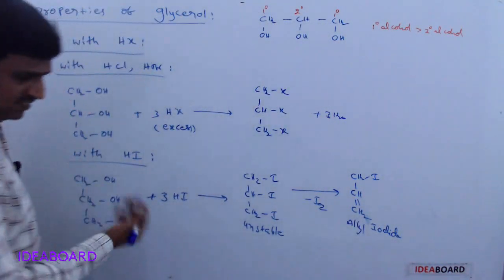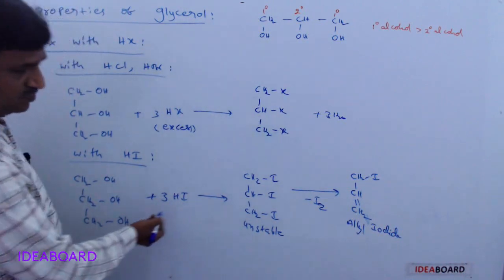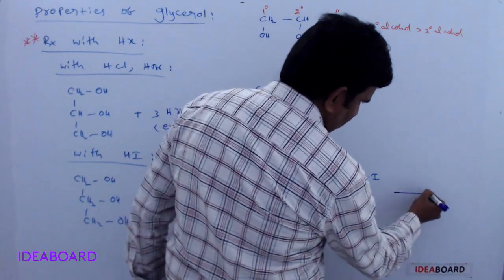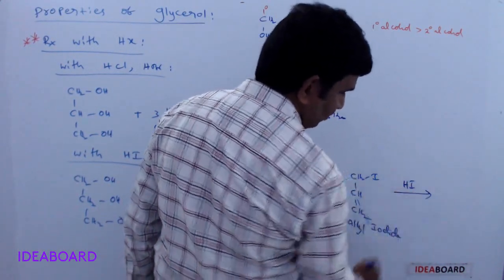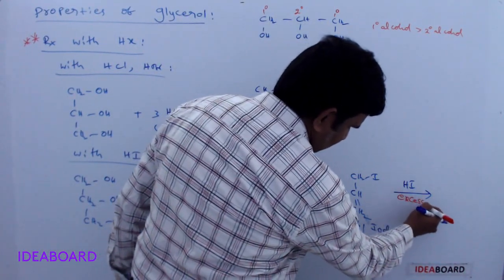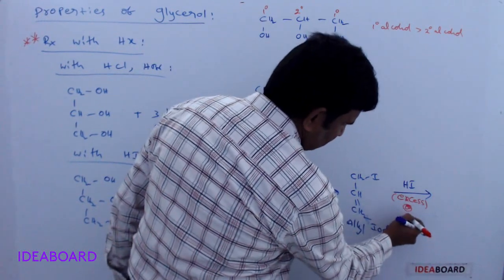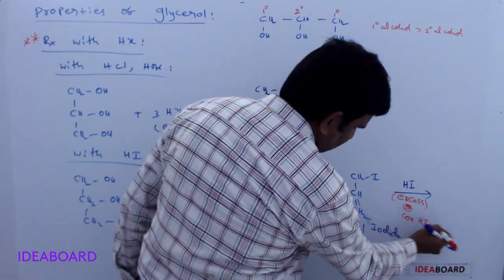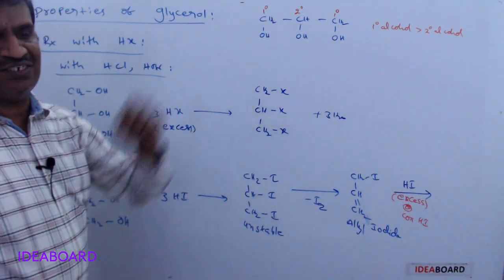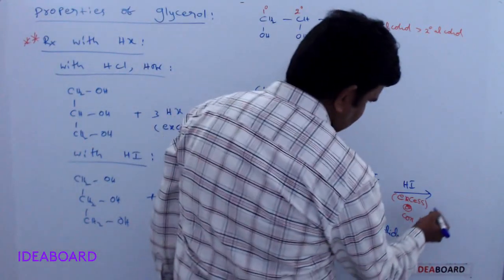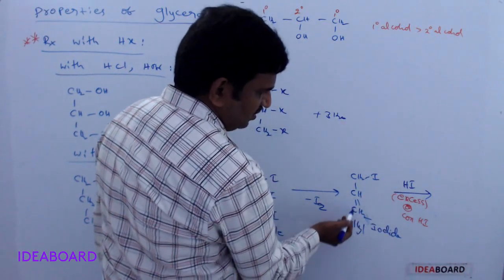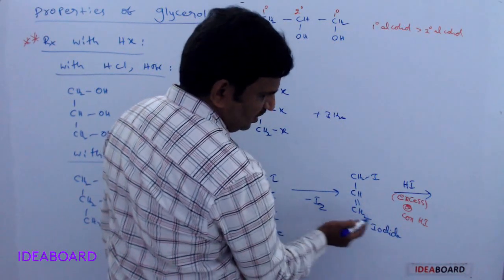Suppose excess is given. Please remember, excess of HI, or sometimes they may give concentrated HI. If concentrated HI or excess HI is given, the entire reaction occurs. Then HI reacts again. As per Markovnikov, iodine is added here and H is added here.